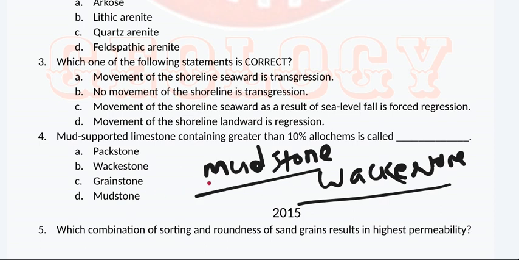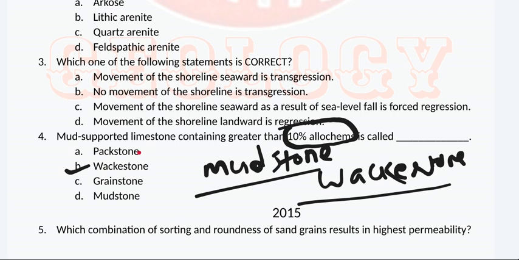So mudstone is a mud supported rock, but it contains less than 10% grains or allochems. This 10% indicates the clast percentage, which is what we call grain. Wackestone is mud supported, but it contains greater than 10% grains or allochems. So the answer will be wackestone.